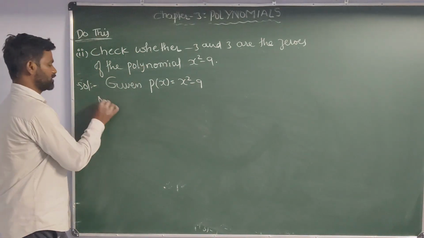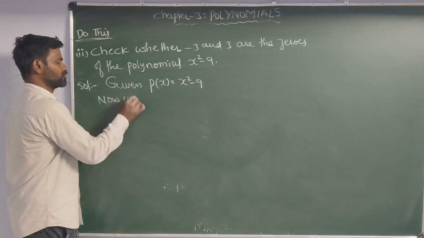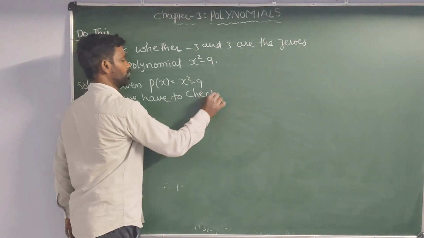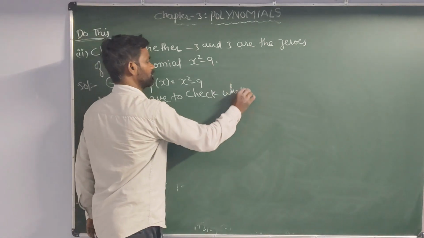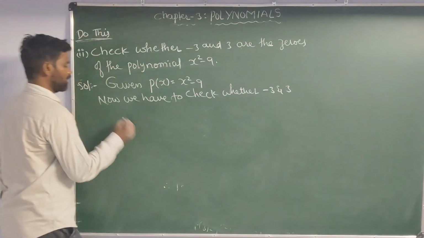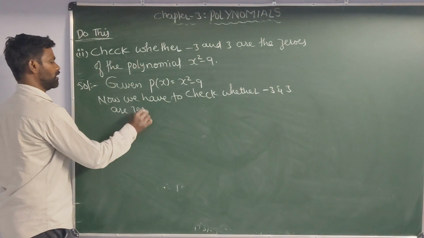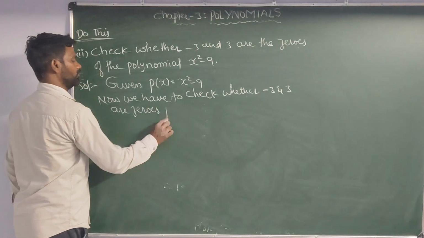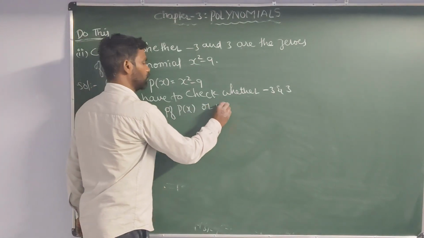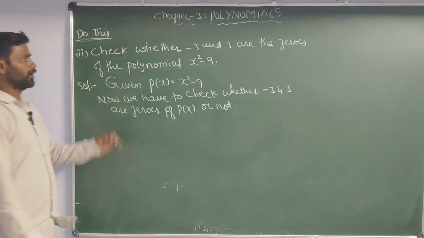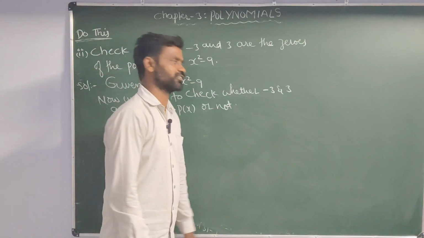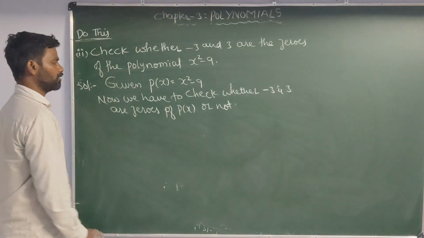Now we have to check whether minus 3 and plus 3 are zeros of the polynomial P of x or not. Now we have to check whether minus 3 and plus 3 are the zeros of the given polynomial, that is P of x is equal to x square minus 9, or not.